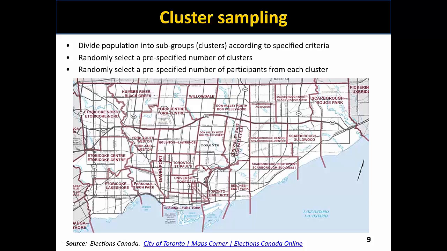With cluster sampling, the population in Toronto is already divided up into these pre-specified clusters, and then a researcher would randomly select, not all of these, but a number of these pre-specified clusters, and then once that is obtained, randomly select a pre-specified number of participants within each of those randomly selected clusters for telephone surveys to generate information on, in this example, political polling.